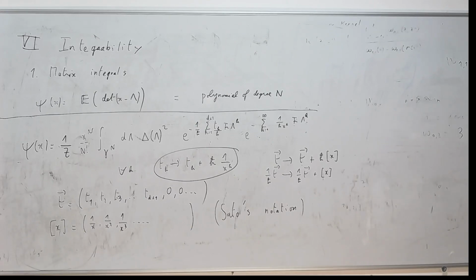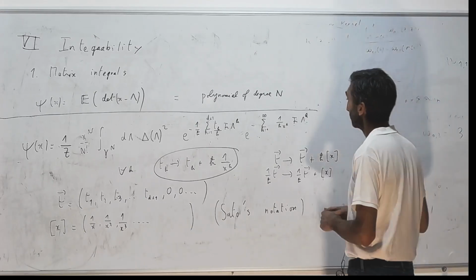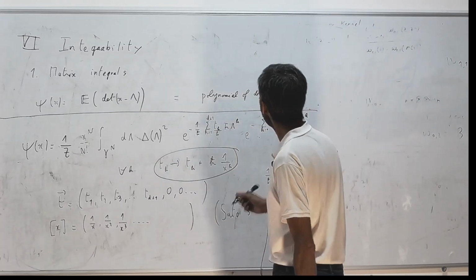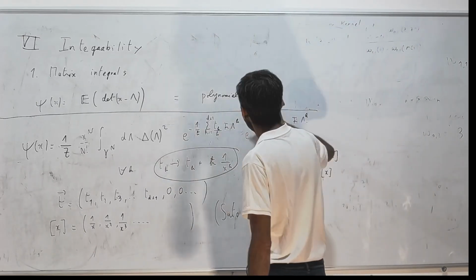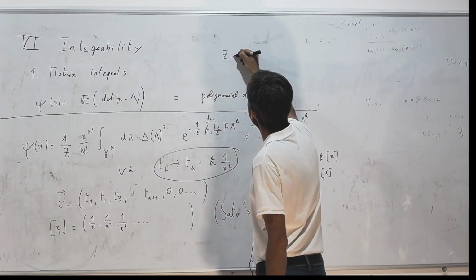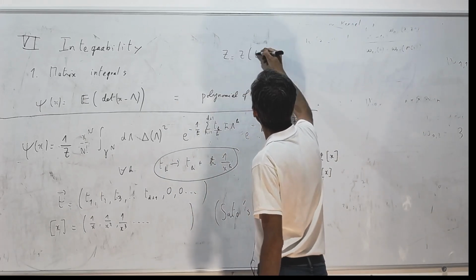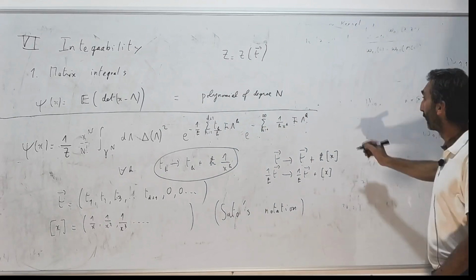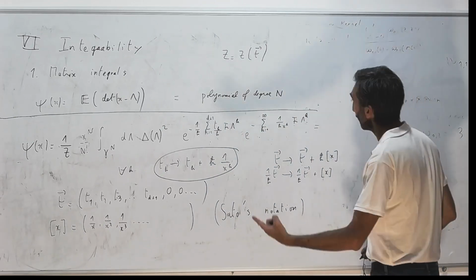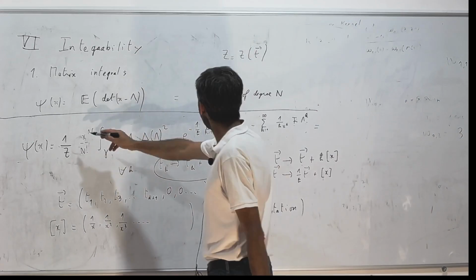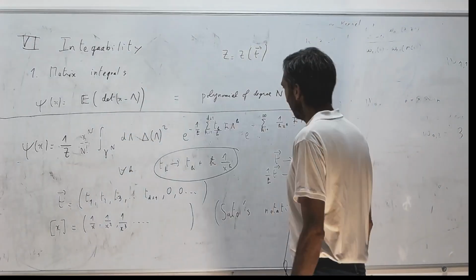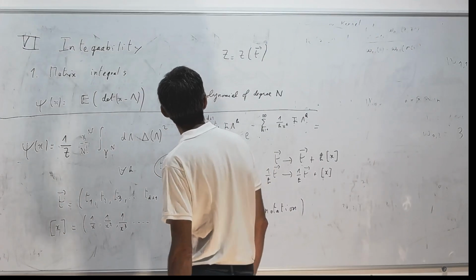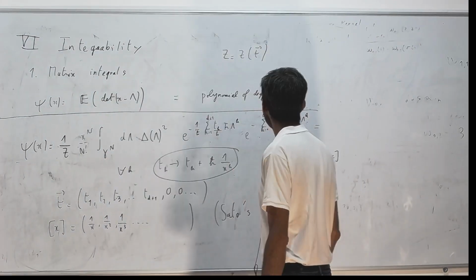So in the end, let me recall my z. Let me call it z of t. And what do we get here? Recognize this full integral here. In fact, let me introduce as well a t0. I should have introduced a t0 in z.